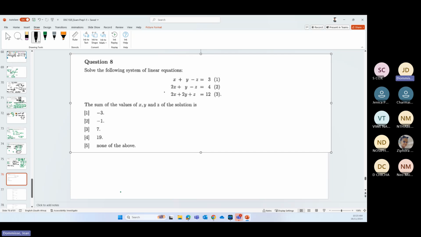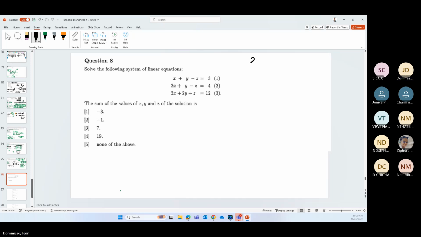Okay, so what I would have done with this one is to take my second one and subtract the first equation from that. Just check.